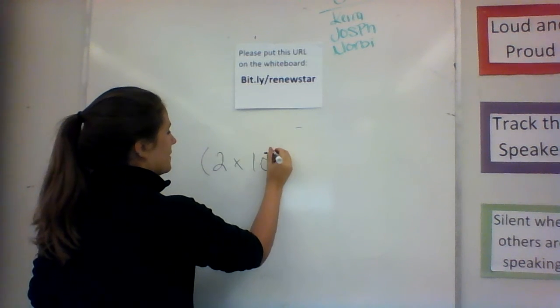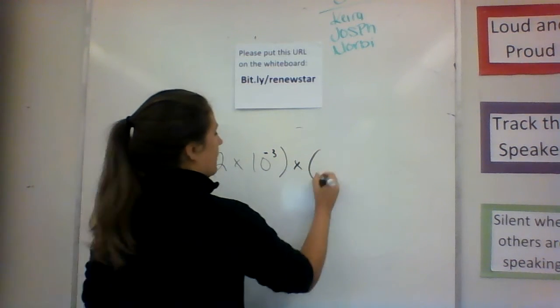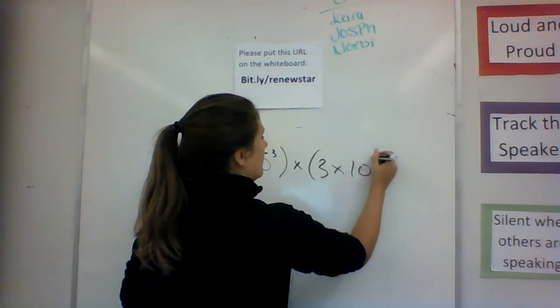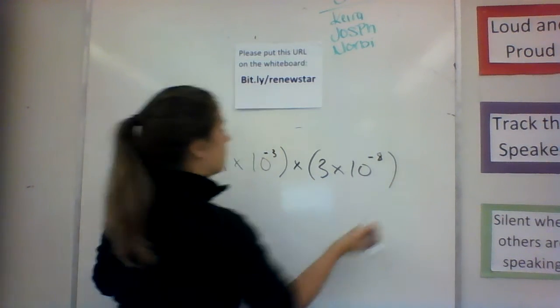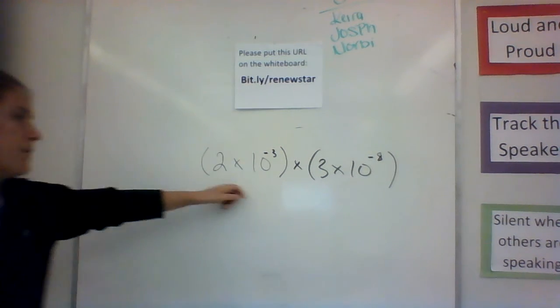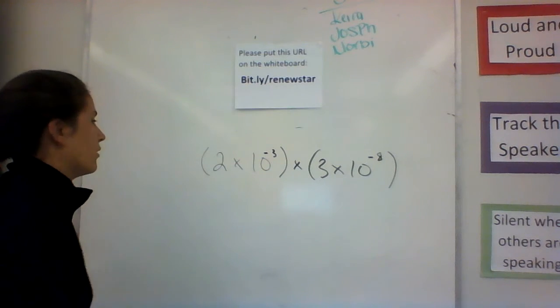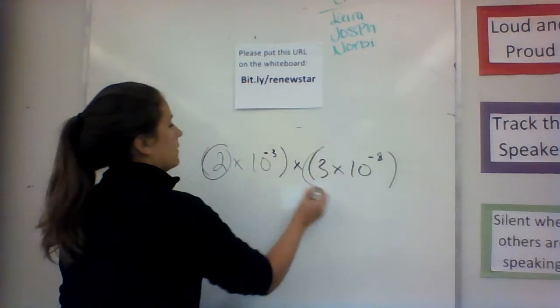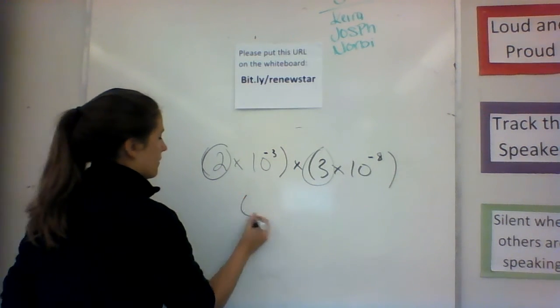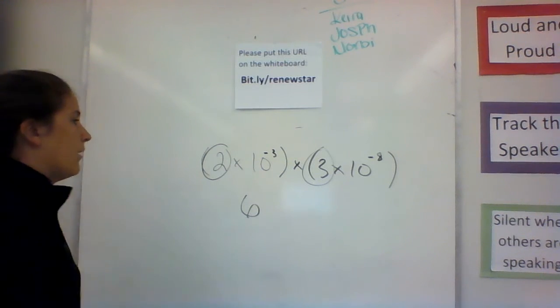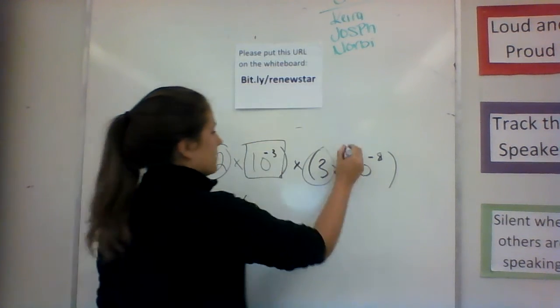I'm having 2 times 10 to the negative 3rd multiplied by 3 times 10 to the negative 8th. I am multiplying my two expressions. I'm going to start with my whole numbers. 2 times 3, well, that gives me 6. Now I'm going to multiply my exponents.